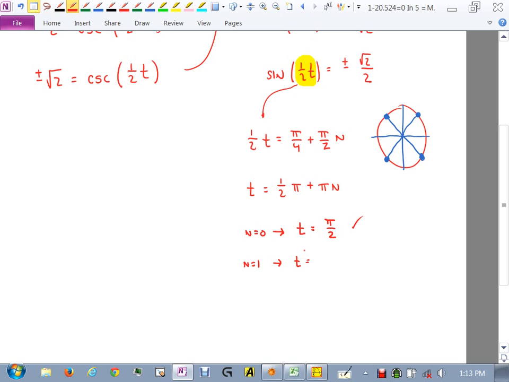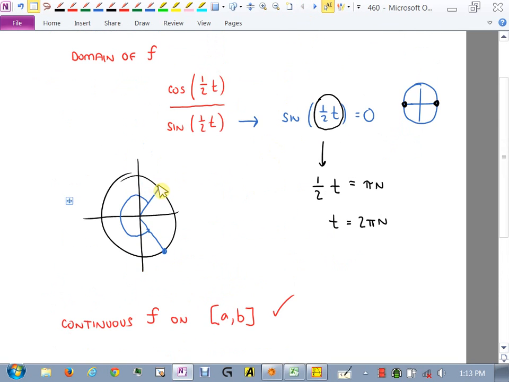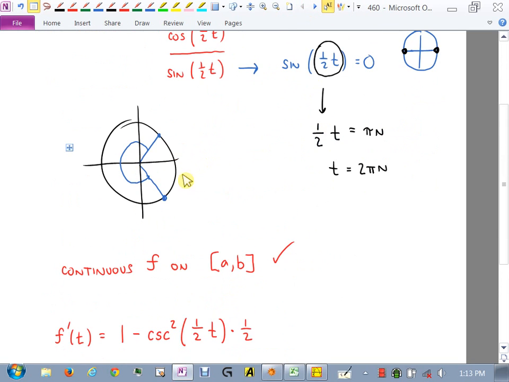If n is 1, you have pi over 2 plus pi, which is 3 pi over 2. Does that live in the interval? Yes. Do you know what interval I'm talking about? This one right here, which we said was here. Okay, pi over 2 lived in there, and then 3 pi over 2 lives in here. I don't think anything else is going to live in here, though. Do you agree?